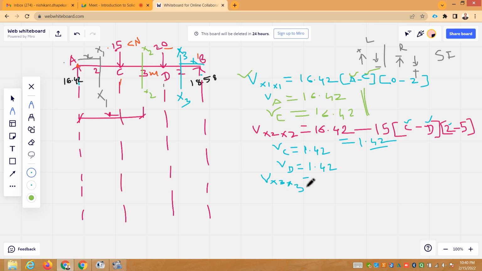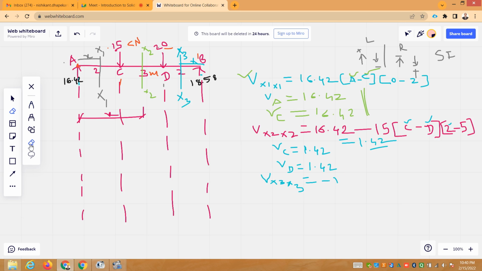equals to the right side upward force. So right side upward force is negative. So it is minus 18.58. Sorry, I will erase this.